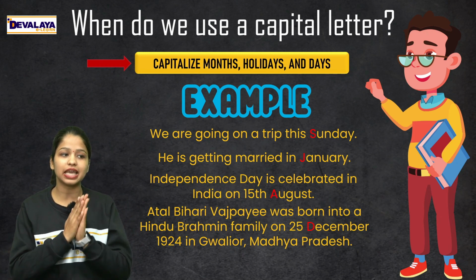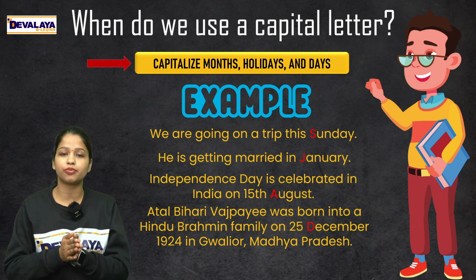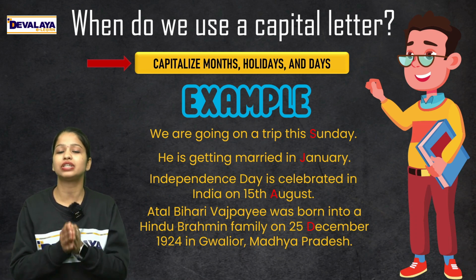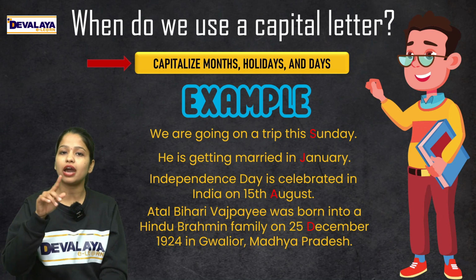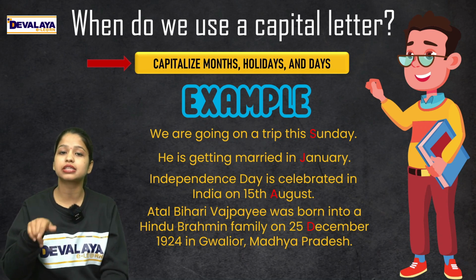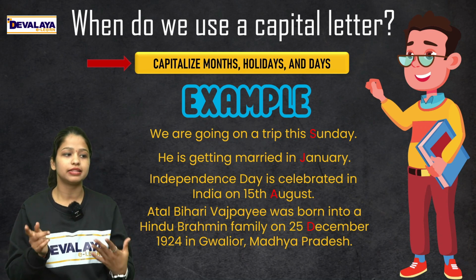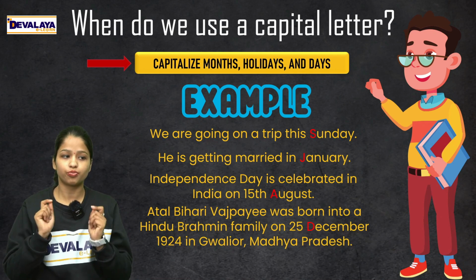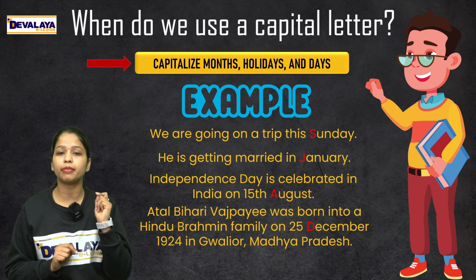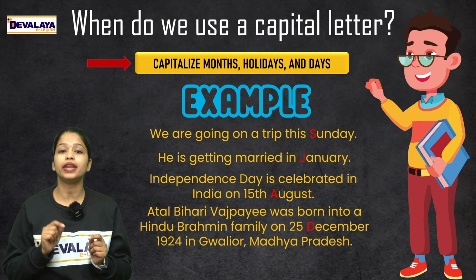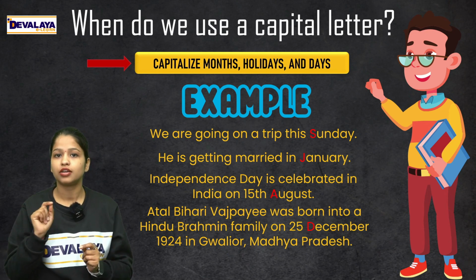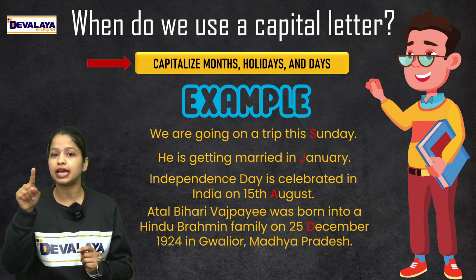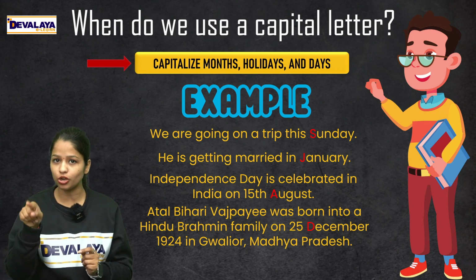Then next is Independence Day is celebrated in India on 15th August. So we are capitalizing August's A. Clear? Then next is Atal Bihari Vajpayee was born into a Hindu Brahmin family on 25th December, 1924 in Gwalior, Madhya Pradesh. That is why we're capitalizing D over here, because this is again a month.